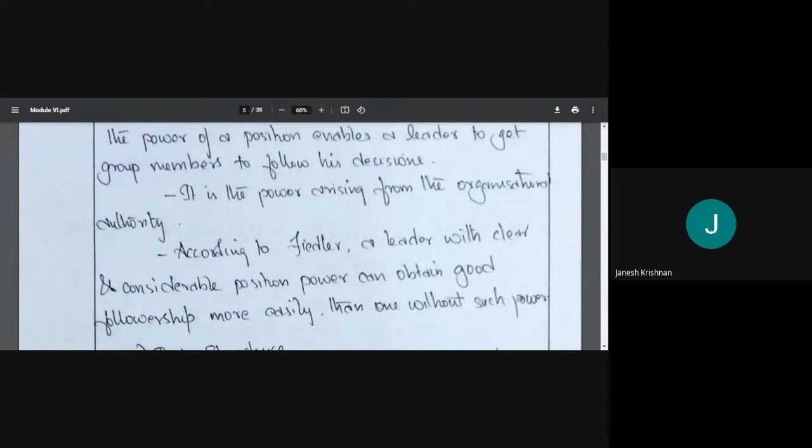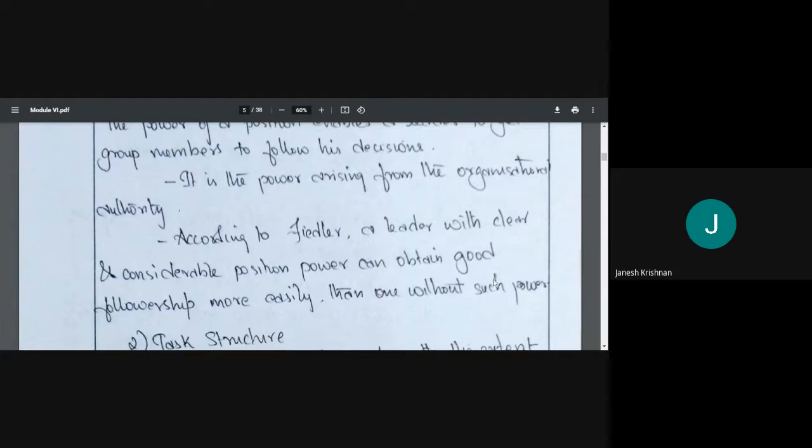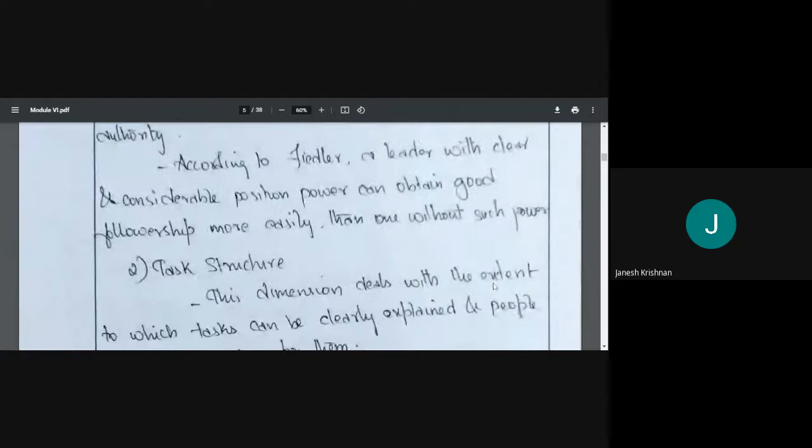In this, it is the power arising from the organization's authority. The organization is giving him the power. According to Fiedler, a leader with clear and considerable position power can obtain good followership more easily than one without such power. Again, we have seen it in movies.